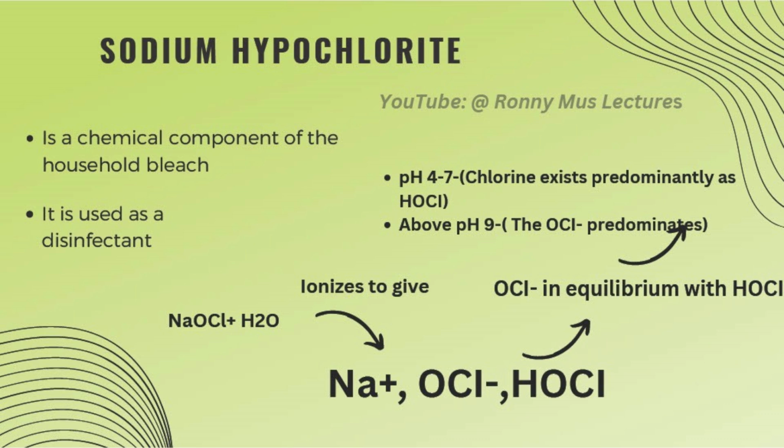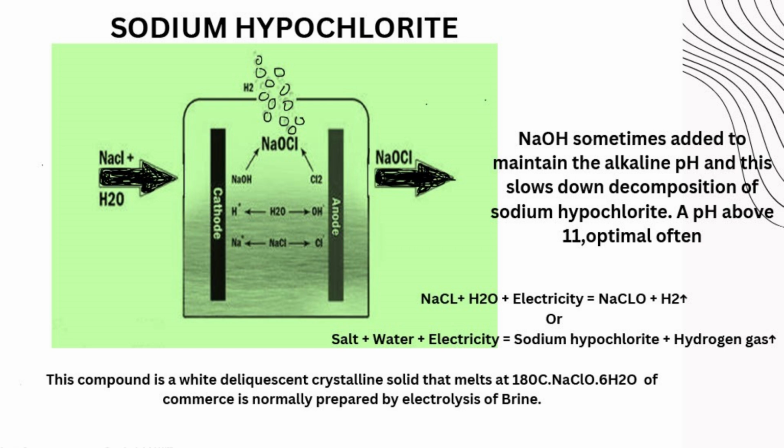Hypochlorous acid has germicidal activity, and this hypochlorite ion is usually in equilibrium with hypochlorous acid. So at pH 4 to 7, chlorine exists predominantly as hypochlorous acid, and then above pH 9, you get the hypochlorite ion predominating.